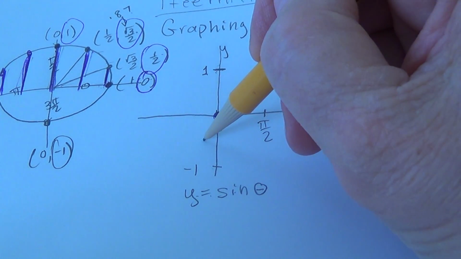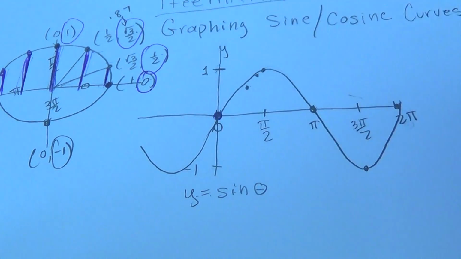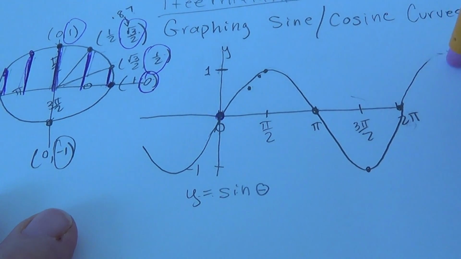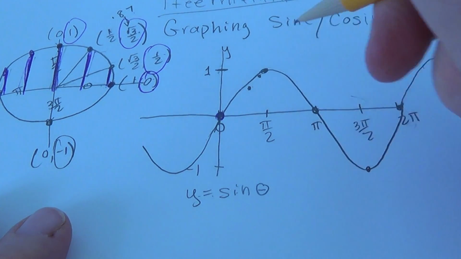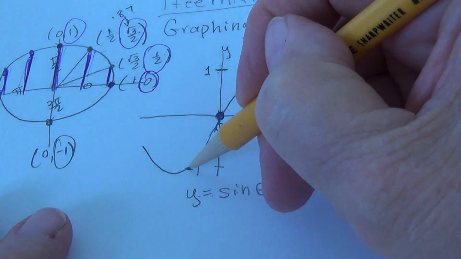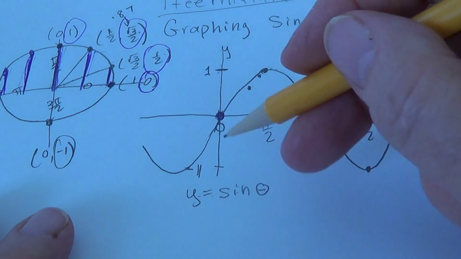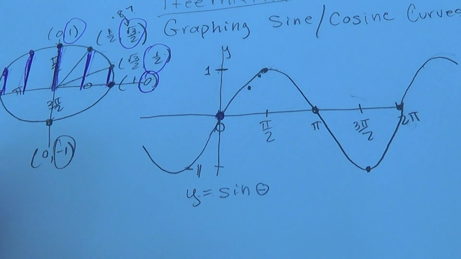So this graph will continue in like manner, continue up and down, up and down. Notice the highest point is 1, and the lowest point is -1. So it never goes higher than this or lower than this, and it continues to repeat over and over.